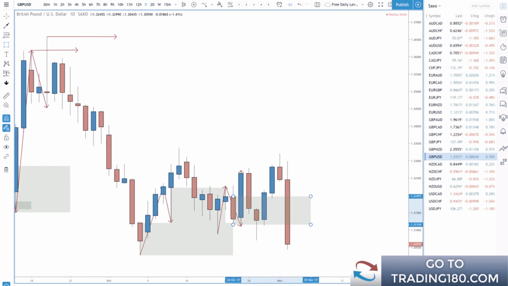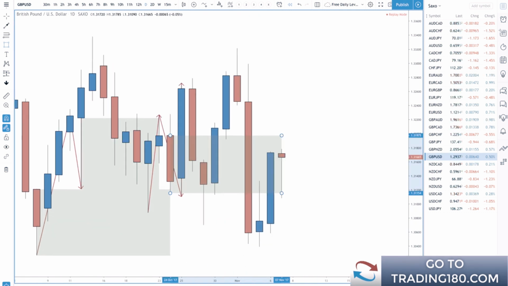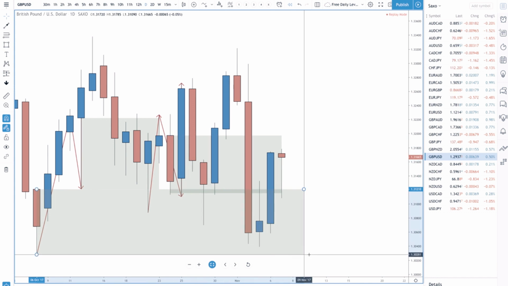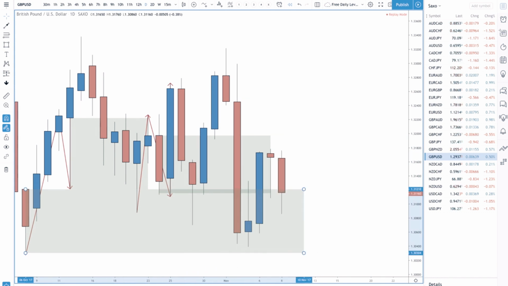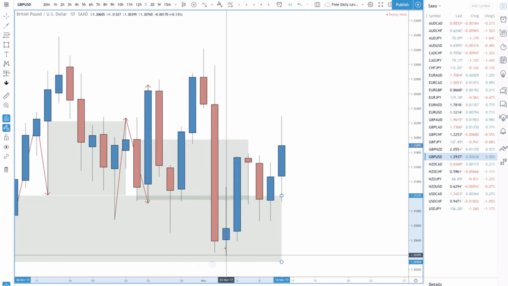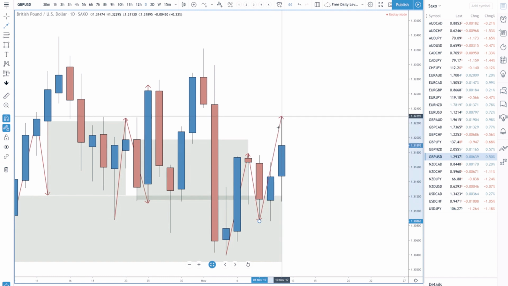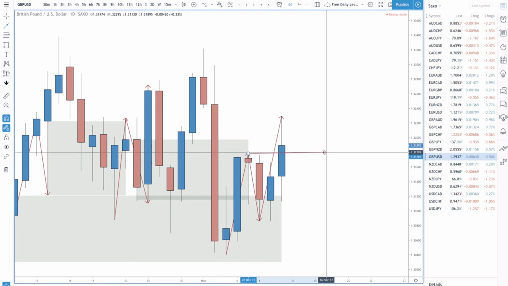And then we end up, in fact, breaking through, coming down into this lower demand zone here. Right. So again, higher highs, higher lows. Low, high, low, high. Yep.